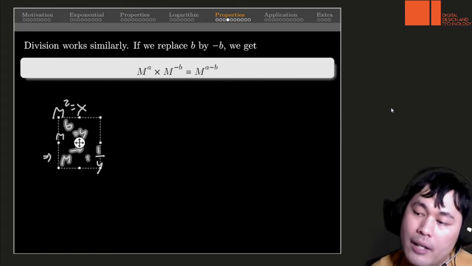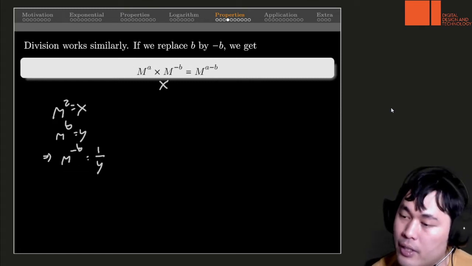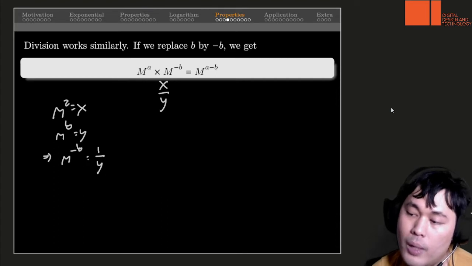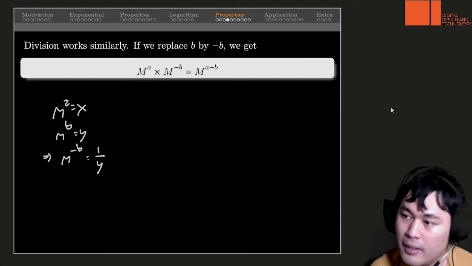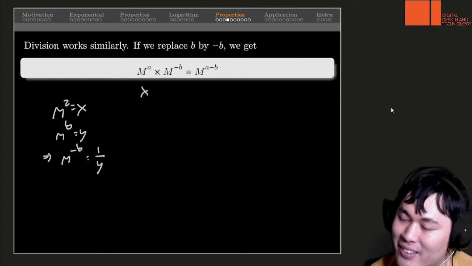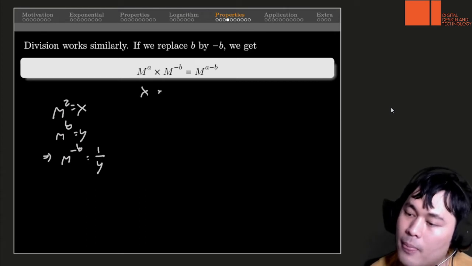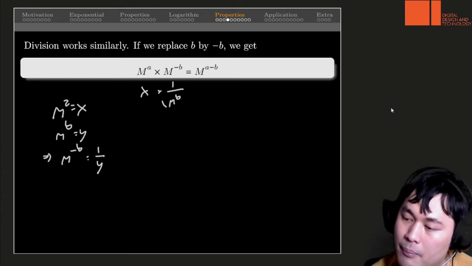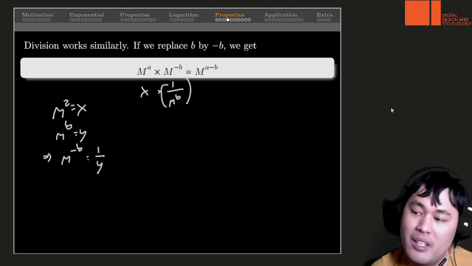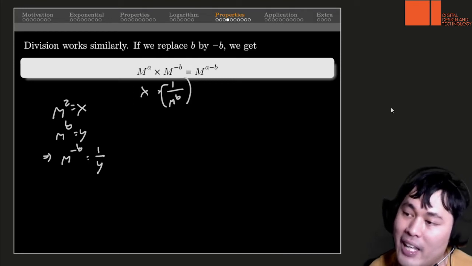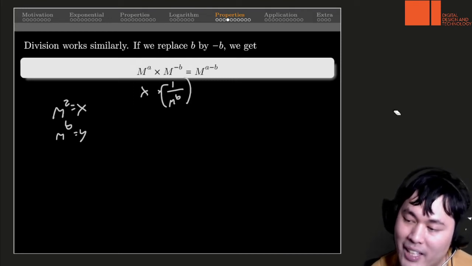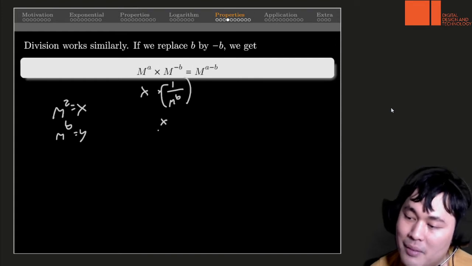So now the left hand side becomes x over y. Alright, let me do it step by step. This is x times 1 over m to the b. Maybe this is better. And we define m to the b to be y. And so that becomes x over y.